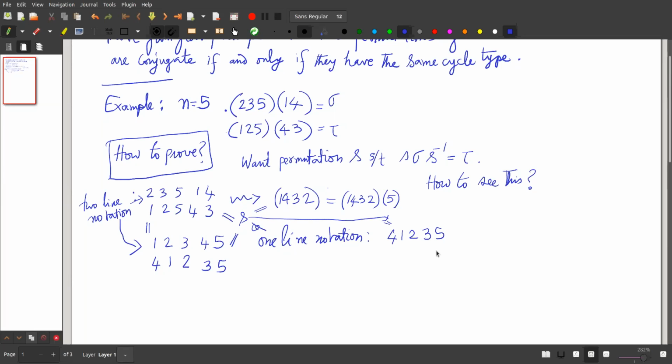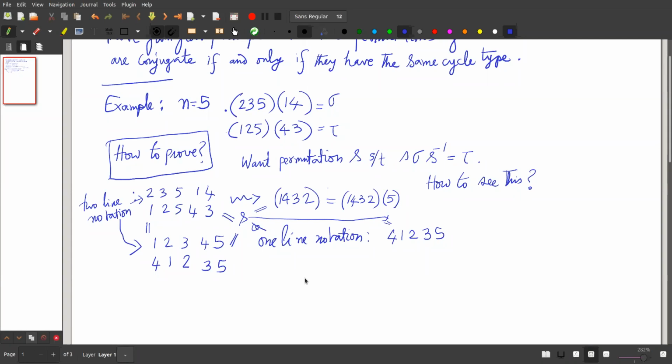So better we act at 1 on both sides. We need a permutation S. Suppose it exists, therefore satisfying the condition S sigma S inverse equal to tau, acting at 1 on both sides. That is, two functions are equal at any point. Therefore, S sigma S inverse at 1 equals tau of 1.